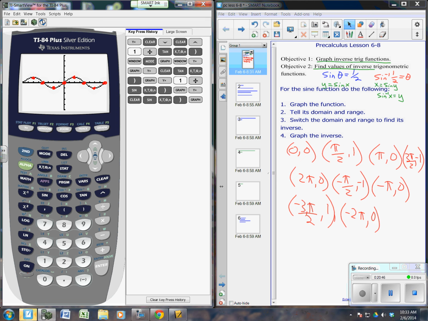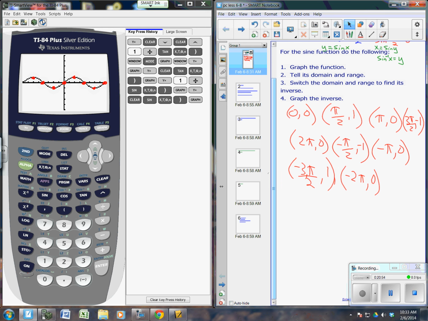Okay, now I want you to see that, naming these points right here, when we graph the inverse of this, an inverse, let me just remind you, is just switching the x and the y coordinates. It's switching the domain and range.